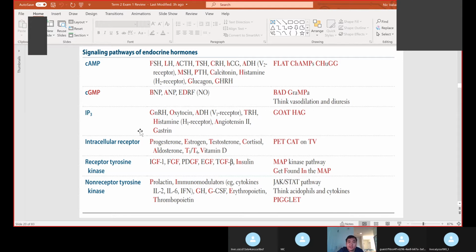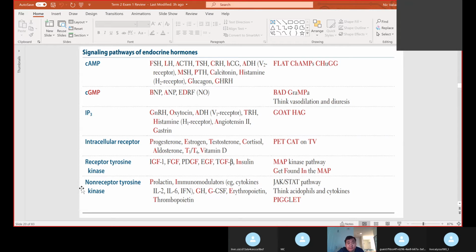On the nucleus, yes. Why? Because they can easily cross the phospholipid bilayer. Because they're labile, they can easily cross your phospholipid bilayer. And your receptor tyrosine kinase uses the MAP kinase pathway.